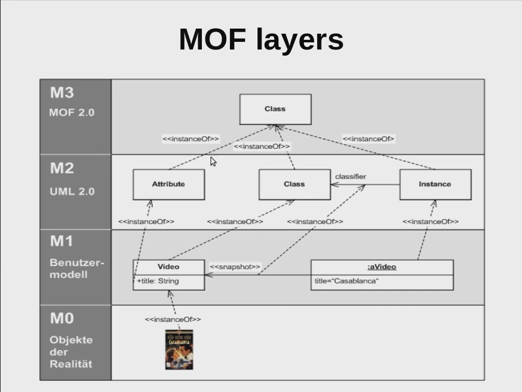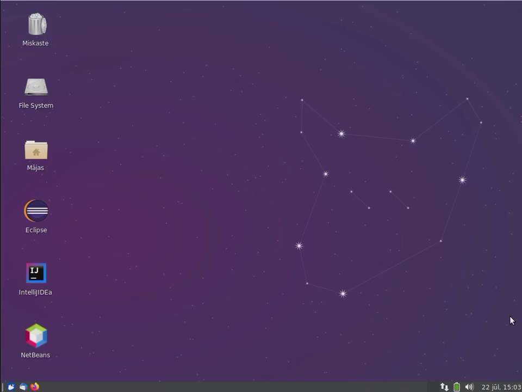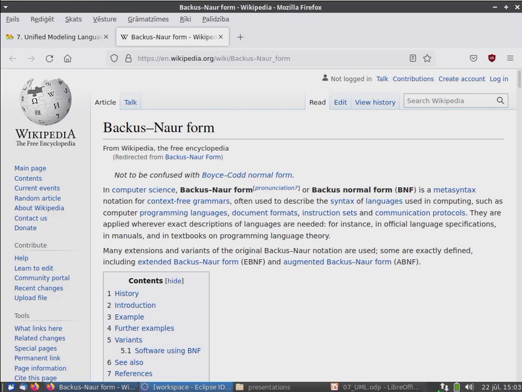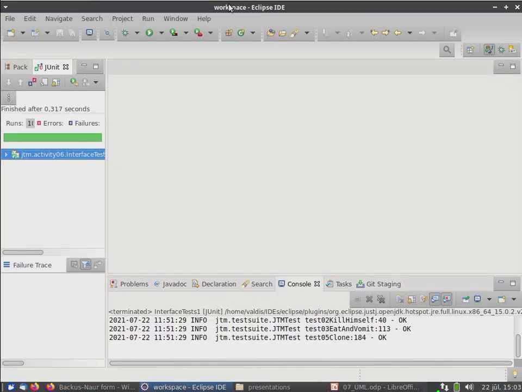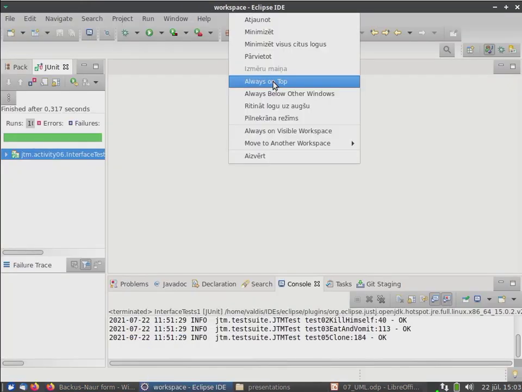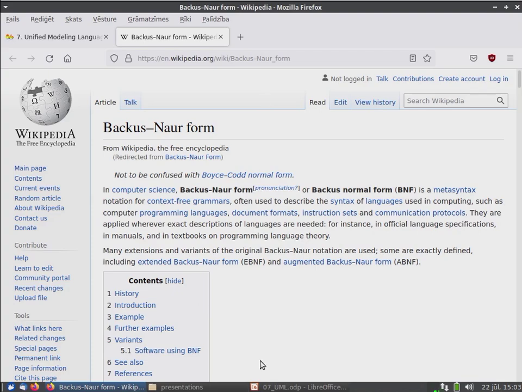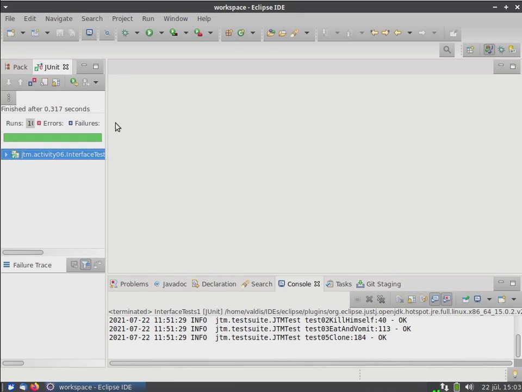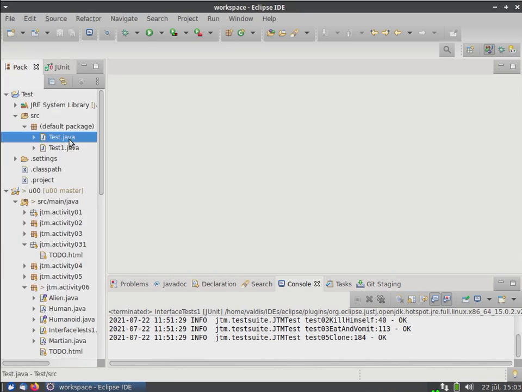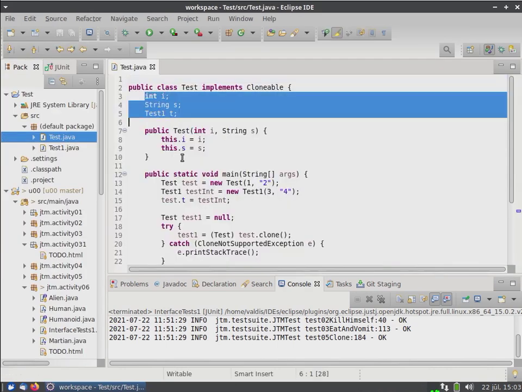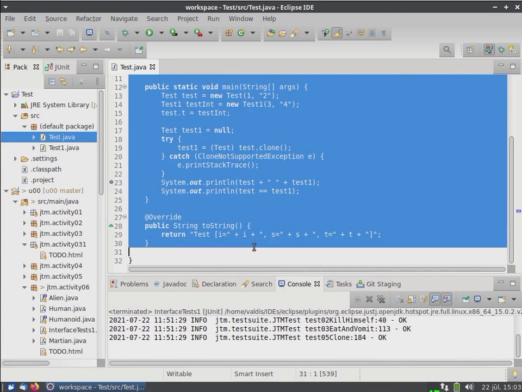And here in UML they always talk about instances, because if you do not talk about instances, then the problem is the following. That there are two important things.